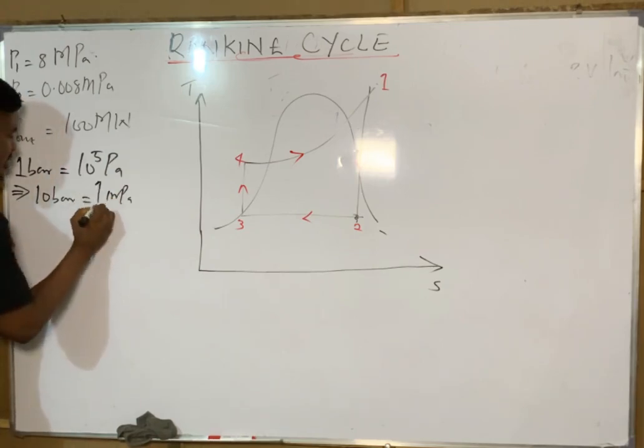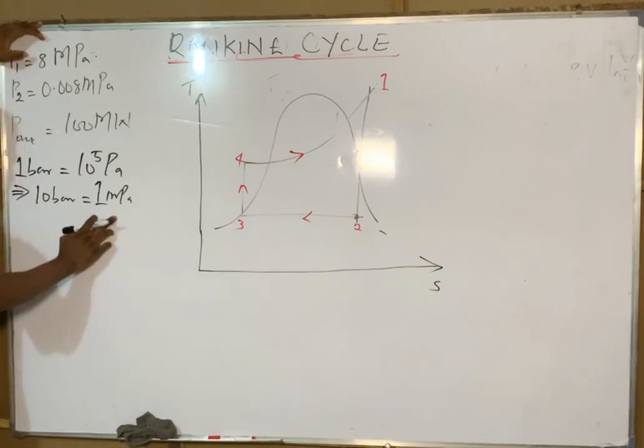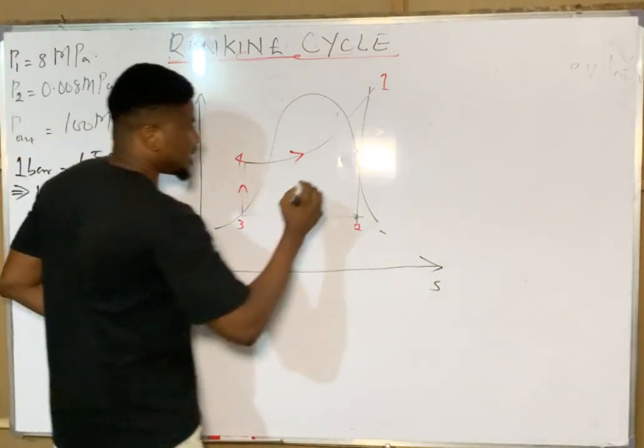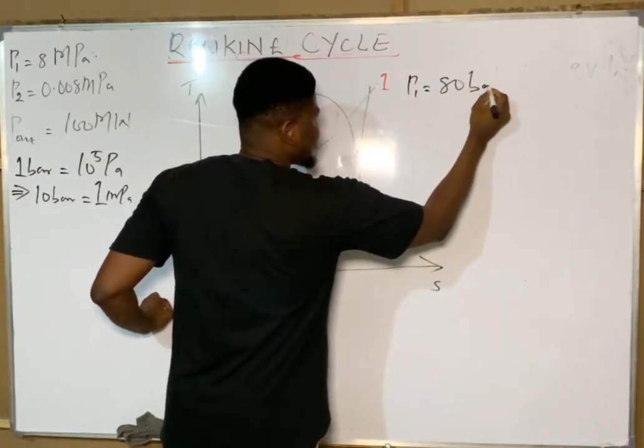So we have P1 to be 8 megapascal. That means in bar it is going to be 8 times 10, so it's going to be 80 bar. So P1 is going to be 80 bar.